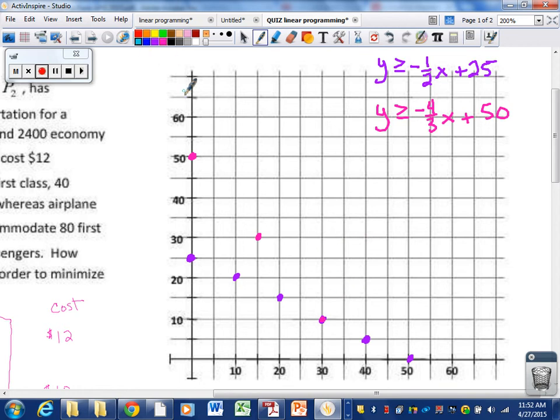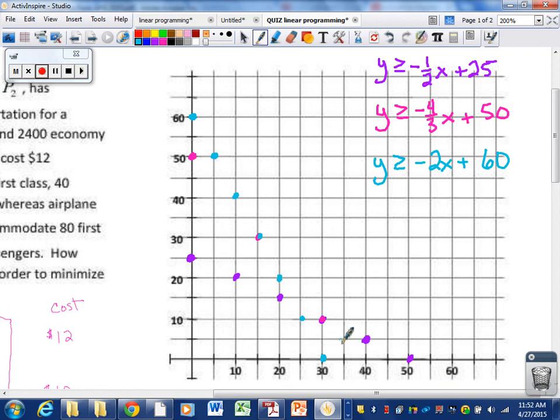And our last one was y ≥ -2x + 60. It starts at 60 and goes down 2 over 1, down 2 over 1, and so on.